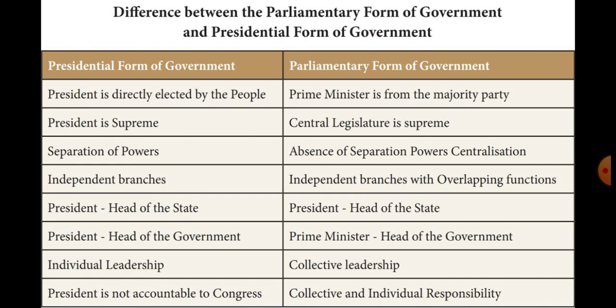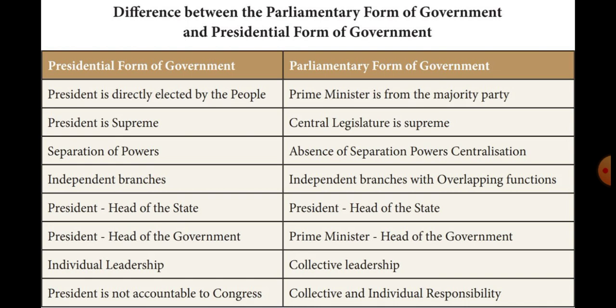At the end of the election, from the majority party they select the prime minister. That prime minister is the head of the government.